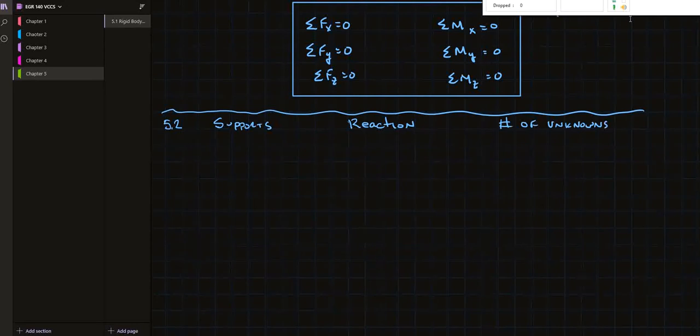So our first support is just a roller. So it might be on the end of the beam, like so.